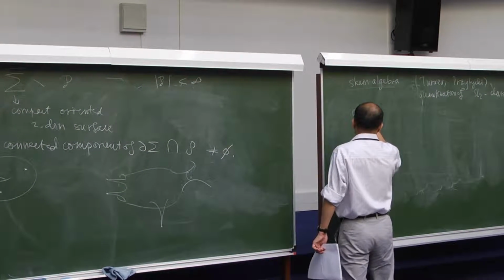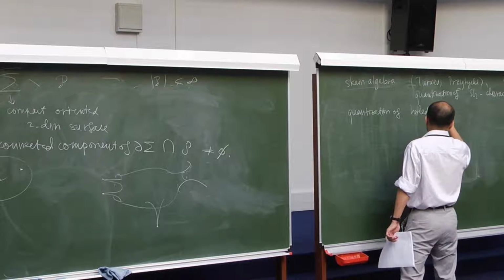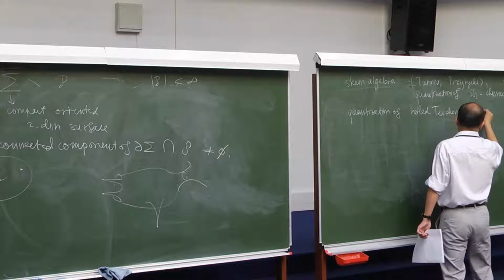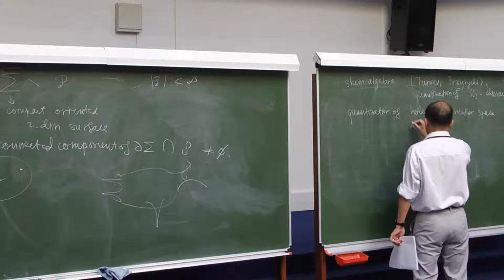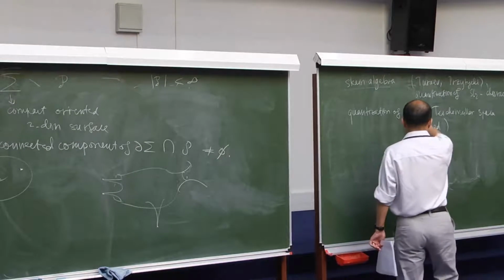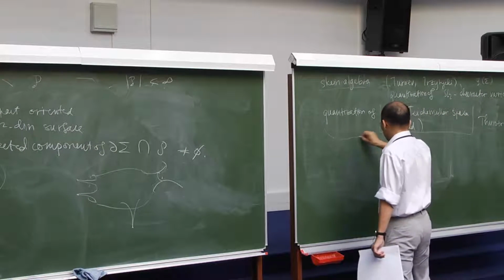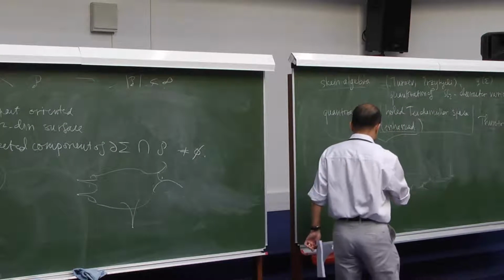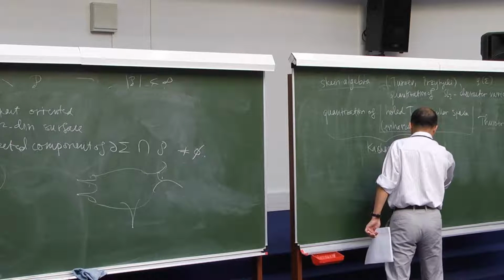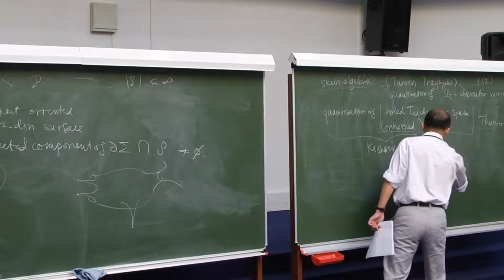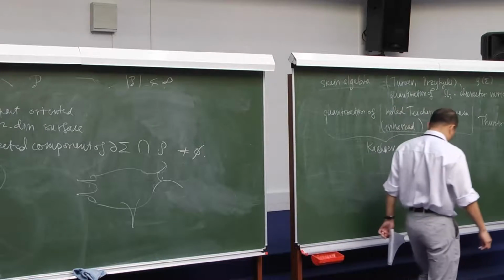This is a quantization of the so-called hole Teichmüller space, also known as enhanced Teichmüller space. This hole or enhanced Teichmüller space was introduced by Thurston, and the quantization of this space was first done by Rinat Kashaev, and also Chekhov and Fock, slightly different versions of quantization of this enhanced Teichmüller space.